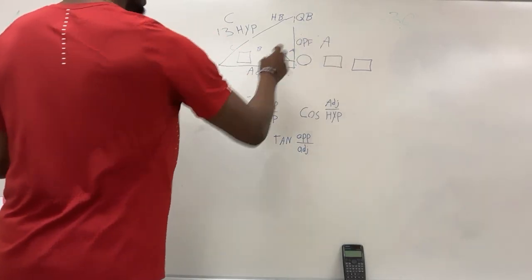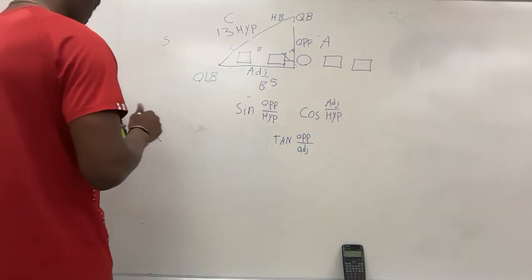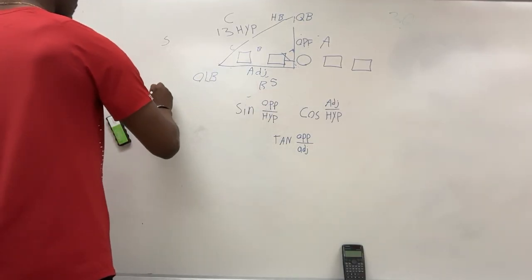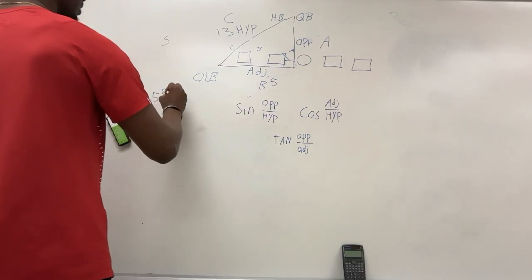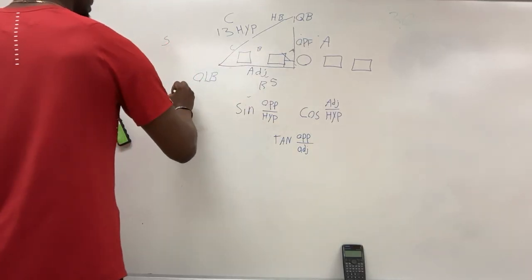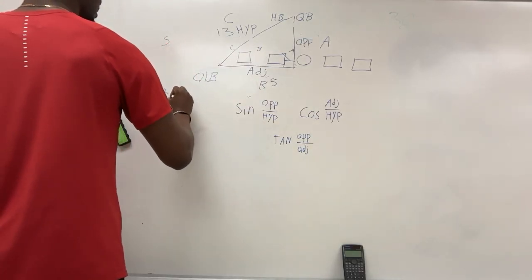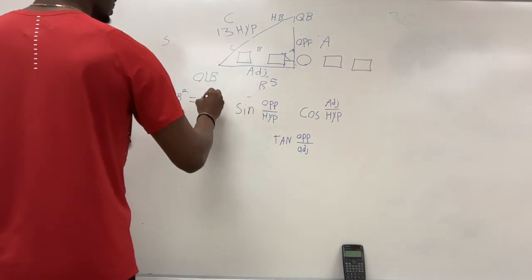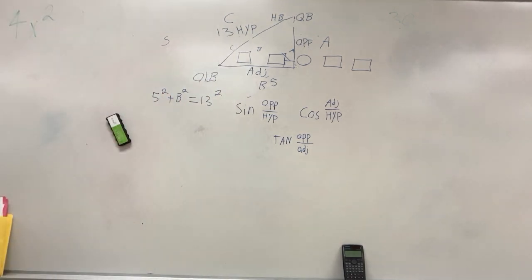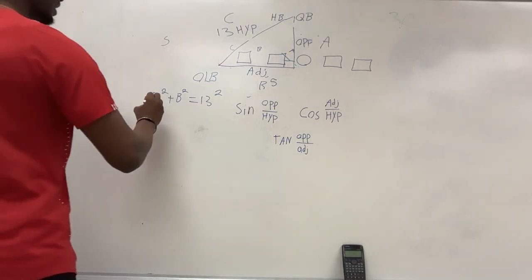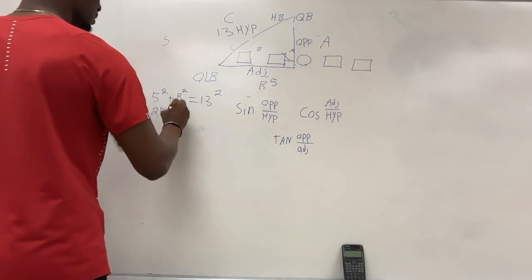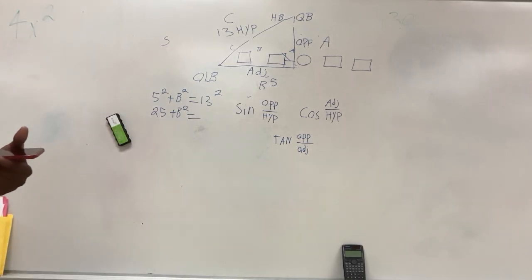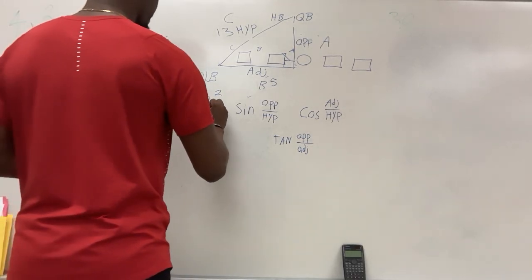So we need to know what our opposite end is. So we got 5 squared. Let's say this is A. Let's go B squared. Then we got our C, 13. 5 times 5 is 25. B remains the same. 13 times 13, 169.